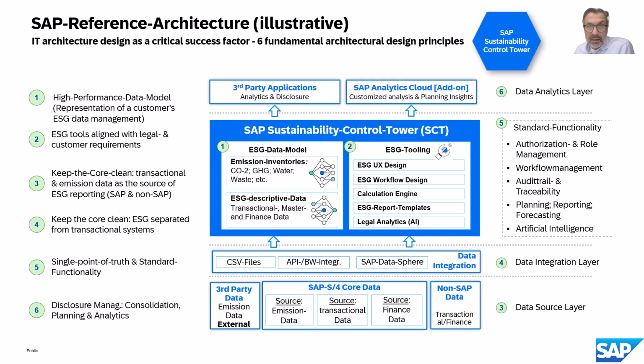And last but not least, we interface our SAP Sustainability Control Tower to external data providers for all consolidation aspects and for planning and analytics outside of the control tower from the perspective of an entire group, for example. So the control tower contains all the ESG reporting templates and can be used for all the legal reporting requirements.